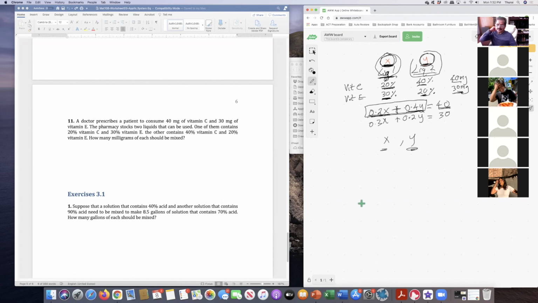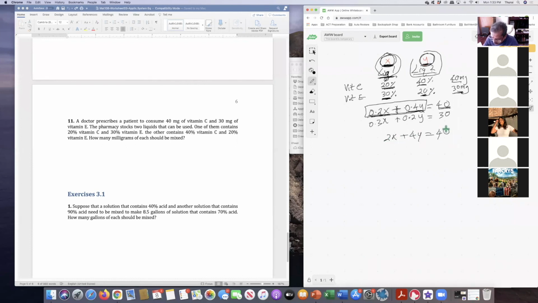I actually have a question. For the last question we went over, you said to take it out of the percentage or the decimal, you would have to multiply it by 10. Would we multiply the solution by 10 as well, the 40 milligrams and 30 milligrams, to keep it matching, or leave it alone? No, you see, when I multiply this equation by 10, I get 2x plus 4y equal to 400.